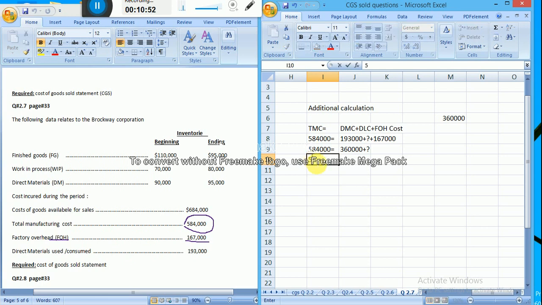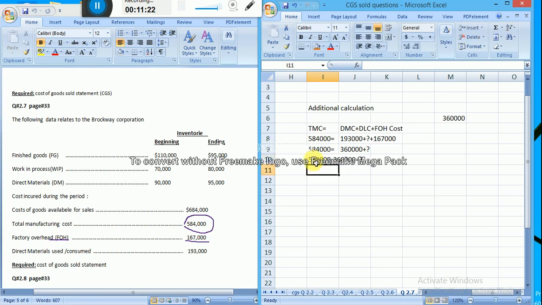So $5,84,000 minus. When we transfer this 3,60,000, which is positive, it will become negative, minus 3,60,000. Clear? The sign of equality will remain in its place and is equal to unknown.